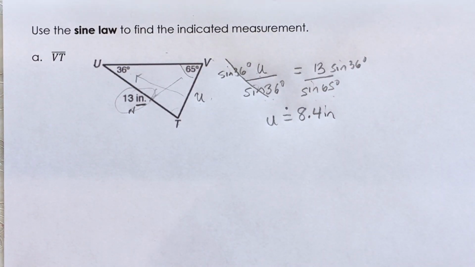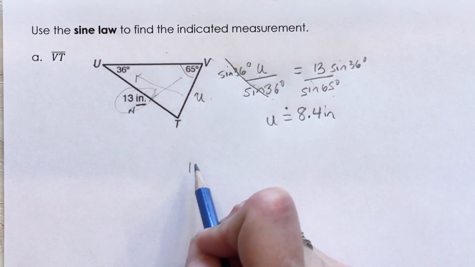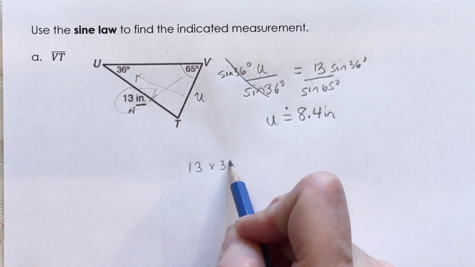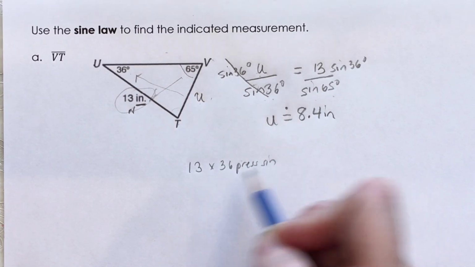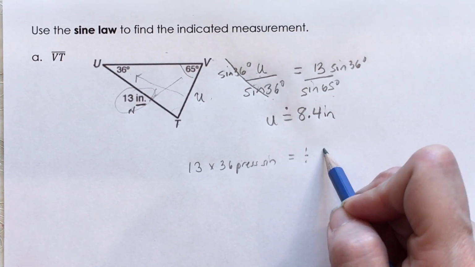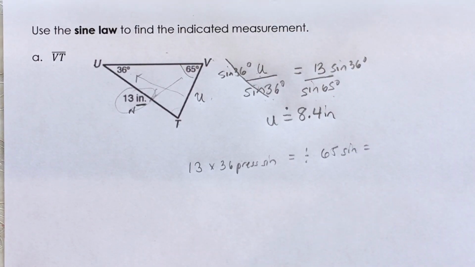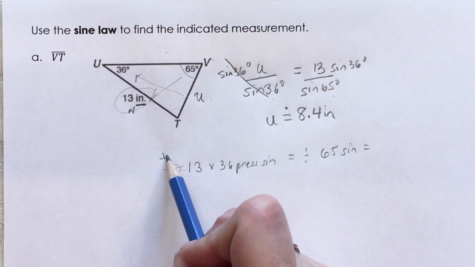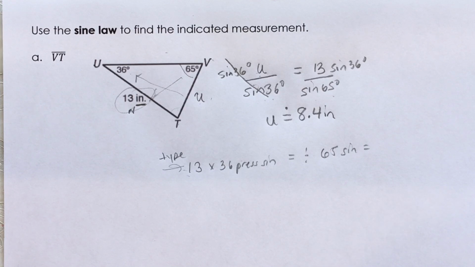So that's the length of side U. On other calculators, you might have to do 13 times 36 and then press sine, then equals, and then divided by 65 sine, and then equals again. It depends on your calculator. This is just what you would type. But you should be able to use your calculator effectively to get 8.4 inches.